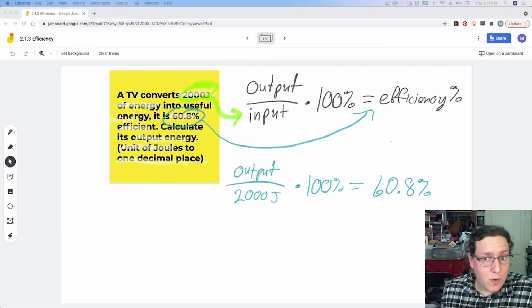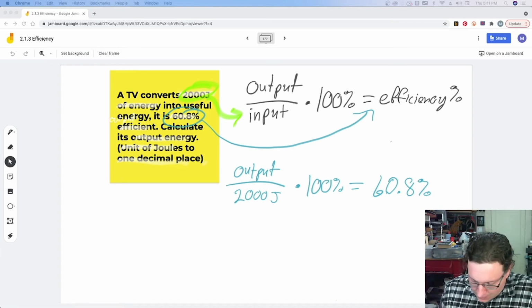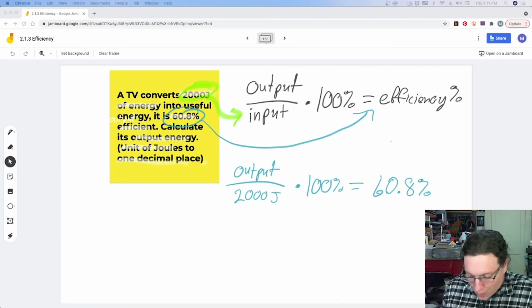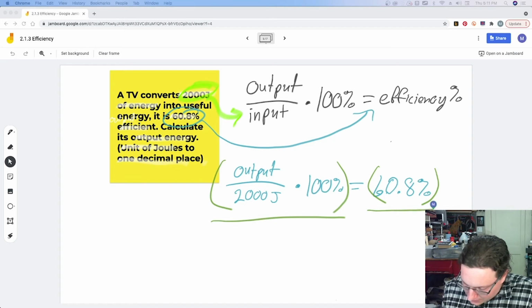So the way that I'm going to start is I want to go ahead and recognize that we need to isolate the output. Everything else on the left side of the equation needs to go away. So to do that, we can group these together. This is why I like using parentheses in a lot of these problems. And we can divide both sides by that 100%.